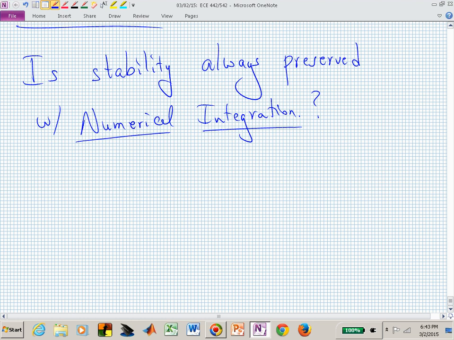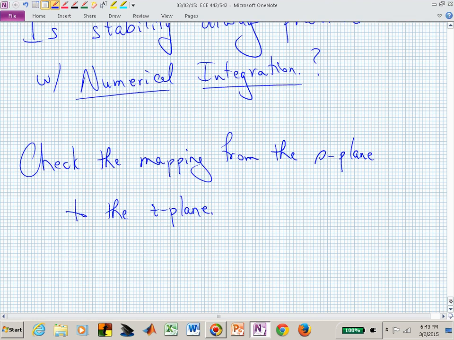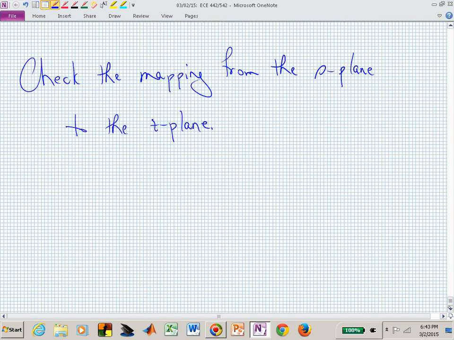We want to now check the mapping from the S-plane to the Z-plane for each of these rules. Our first rule was the forward rule.